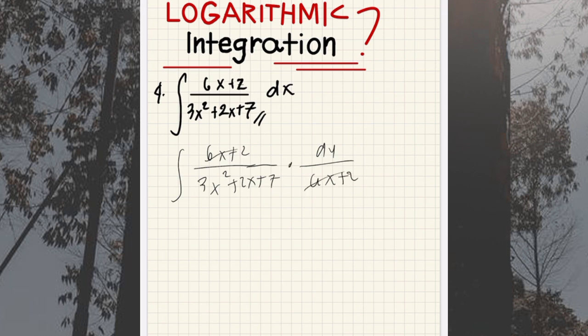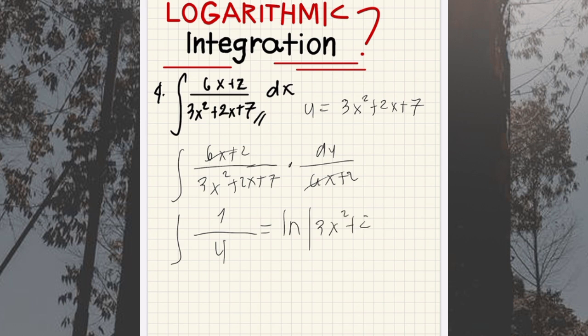We know that we let u be the value of 3x squared plus 2x plus 7. So this will become the integral of 1 over u, which is ln |3x squared plus 2x plus 7| plus c. So this will be our final answer.